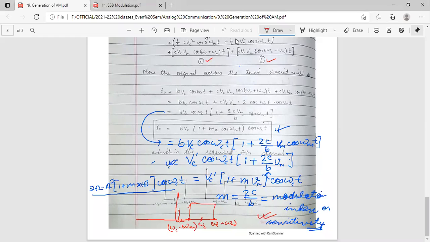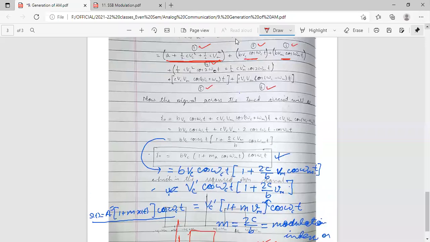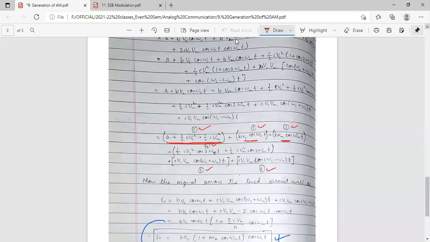Okay. So today what we are going to study, as we have already seen that in this type of amplitude modulation, where we are getting the carrier part, instead of this, we have got this upper sideband as well as the lower sideband.